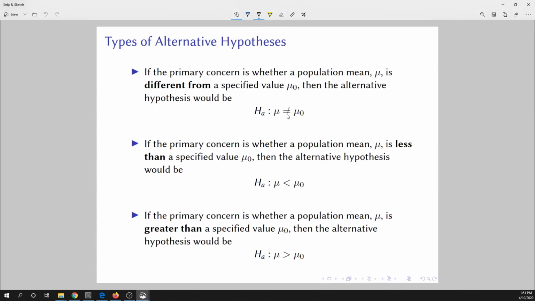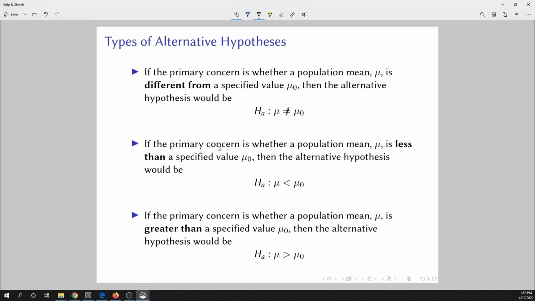This should be not equals to. So if the primary concern is whether the population mean is different from a specified value, then the alternative hypothesis has this form right here. It's not equal to a specific number.